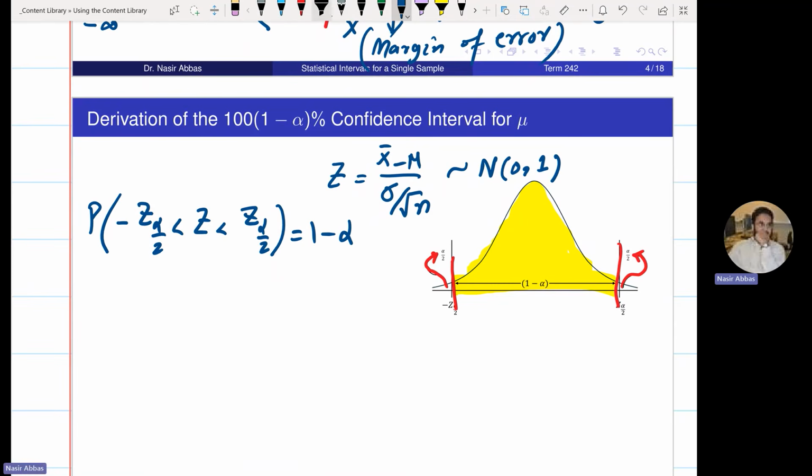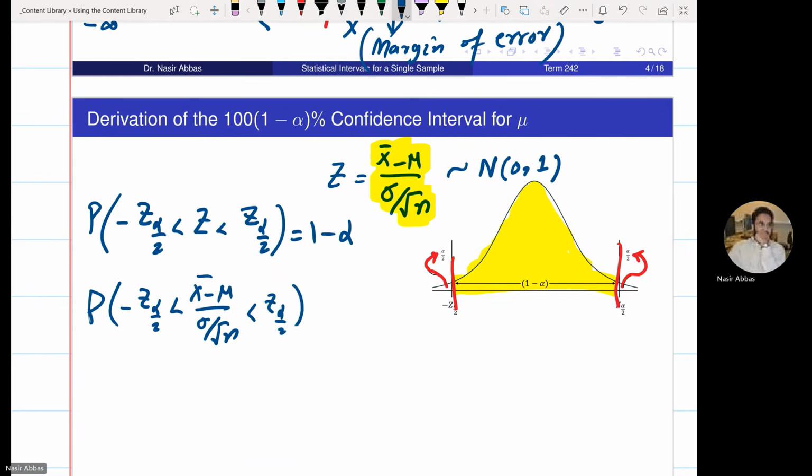Now, my z is this: x bar minus mu divided by sigma over square root of n. So I will plug this z definition inside. I am interested in which unknown parameter? This unknown parameter, mu.